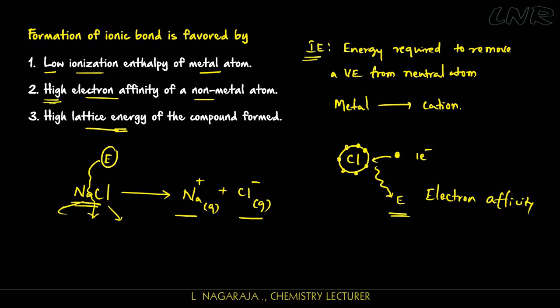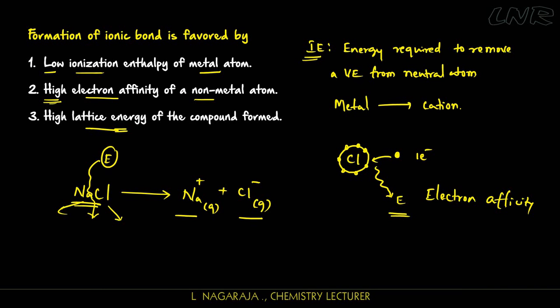The lower the ionization enthalpy for the metals, the easier will be the formation of the cations. And if a compound has very high lattice energy, that compound is generally stable. So higher lattice energy favors the formation of an ionic bond. So these are the 3 factors which favor the formation of an ionic bond.